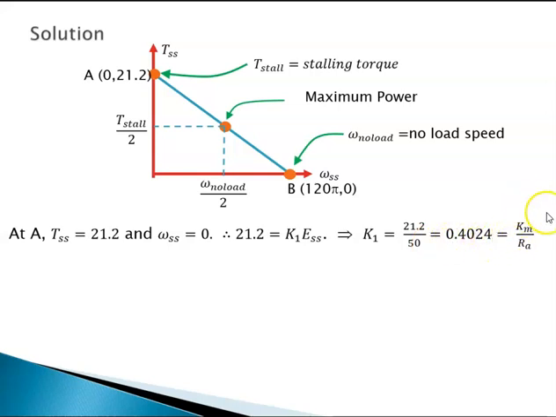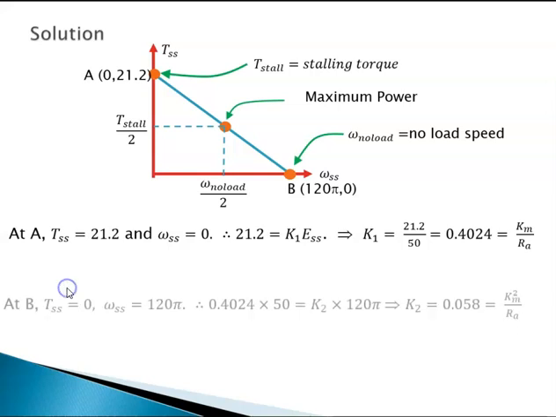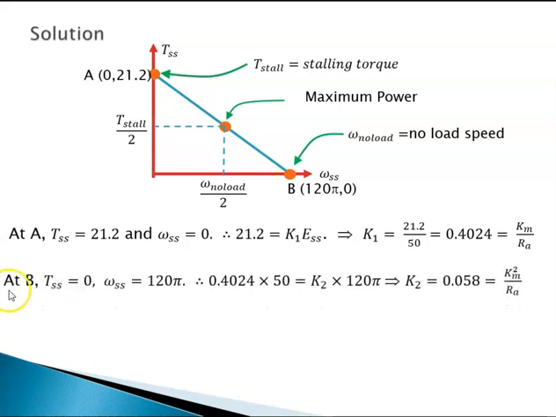We recall that K1 has the expression Km by Ra. Similarly, at point B, torque is 0 and speed is this much, so you substitute both into the torque speed equation to get the value of K2. Remember that K2 is Km square by Ra.